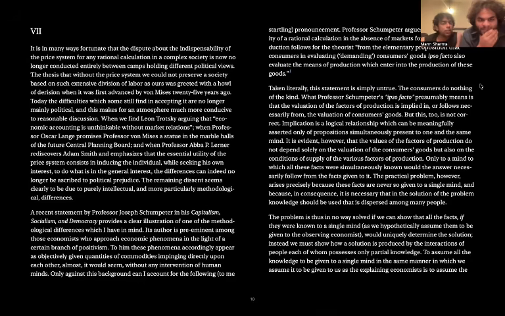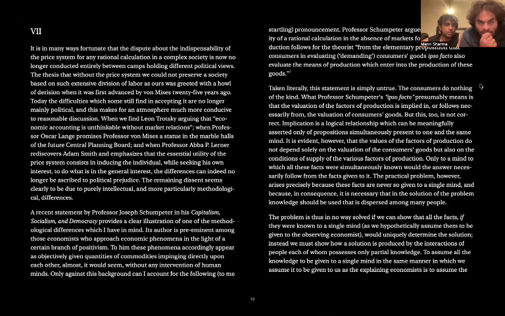The thesis that without the price system we could not preserve a society based on such extensive division of labor as ours was greeted with a howl of derision when it was first advanced by von Mises 25 years ago. Today, the difficulties which some find still in accepting it are no longer mainly political, and this makes for an atmosphere much more conducive to reasonable discussion.